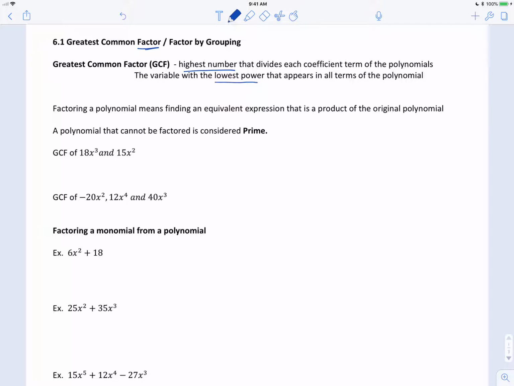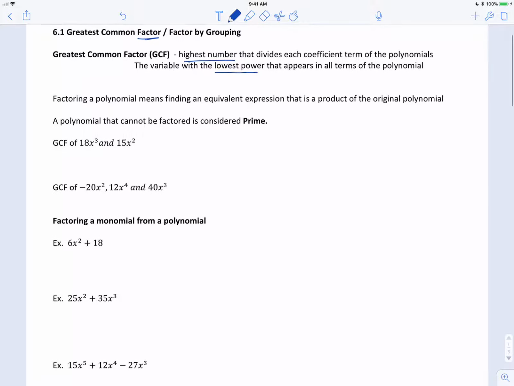But not x to the fourth, because there's not four of them in x cubed. So it's always the lowest power that appears in all of the terms of the polynomials, and that's the key, is that it has to appear in every single term of that polynomial in order for us to have that greatest common factor.